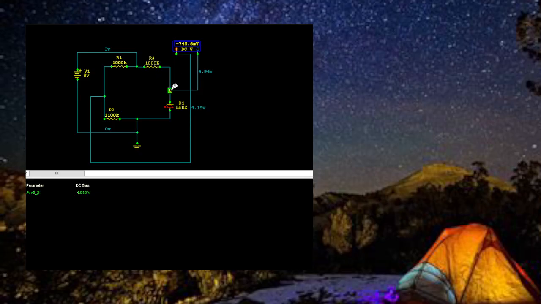See, this one is still hanging out at 4.94. That one's 4.1. Okay. Oh, look at the voltage up there on the top. Minus 745 millivolts.